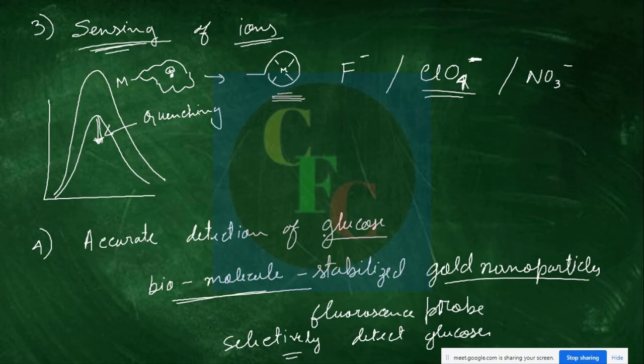When you administer it in the sample, it can react with other things also, so you are not sure if glucose is there or not. So you have to scan it for different molecules and see that it is only applicable to glucose. So it can selectively detect glucose. This is important.